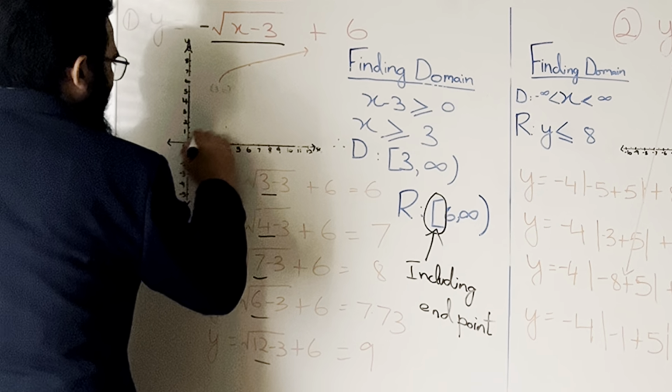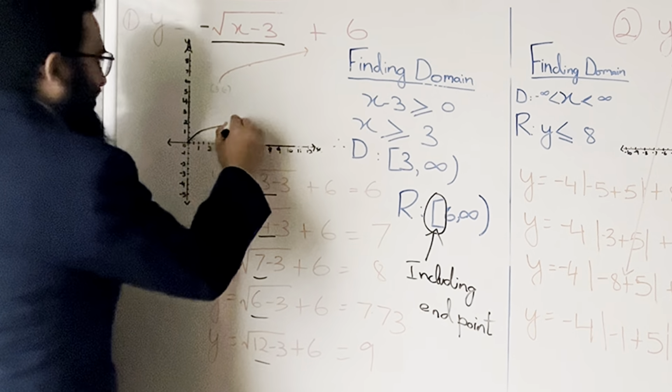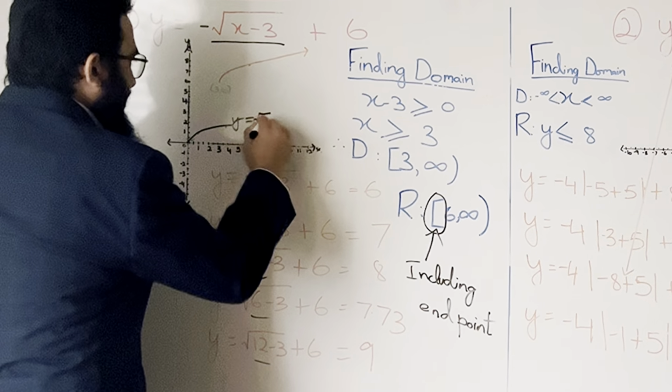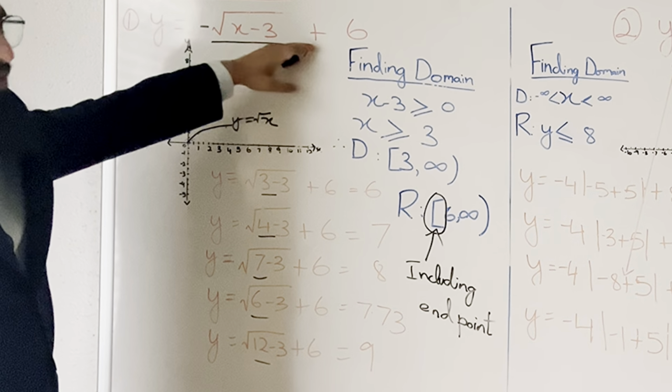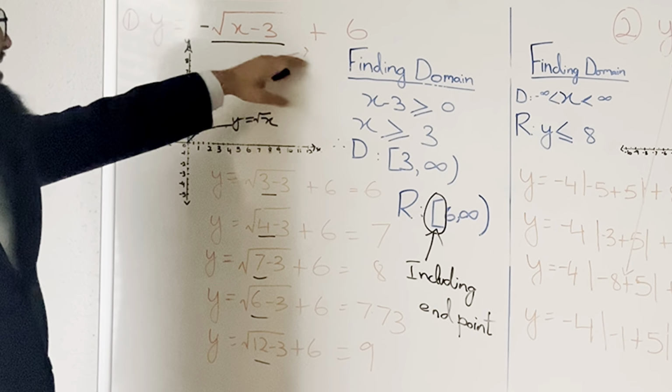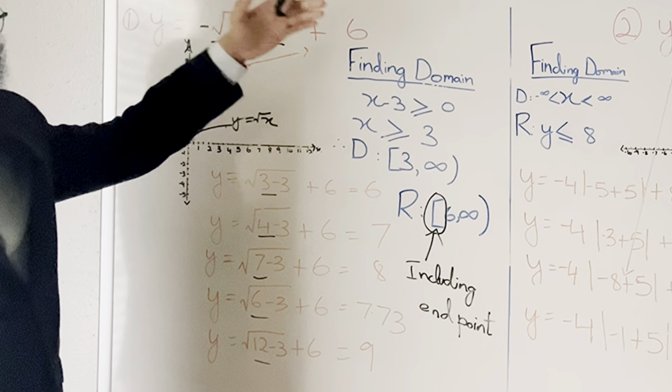It was something like this. This is y equal to the square root of x. You see, this function somehow resembles the parent function. The children resemble the parents.